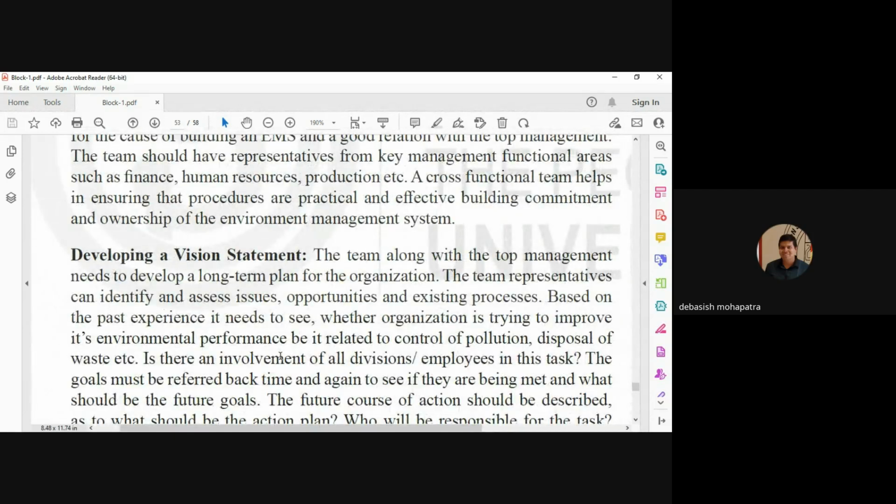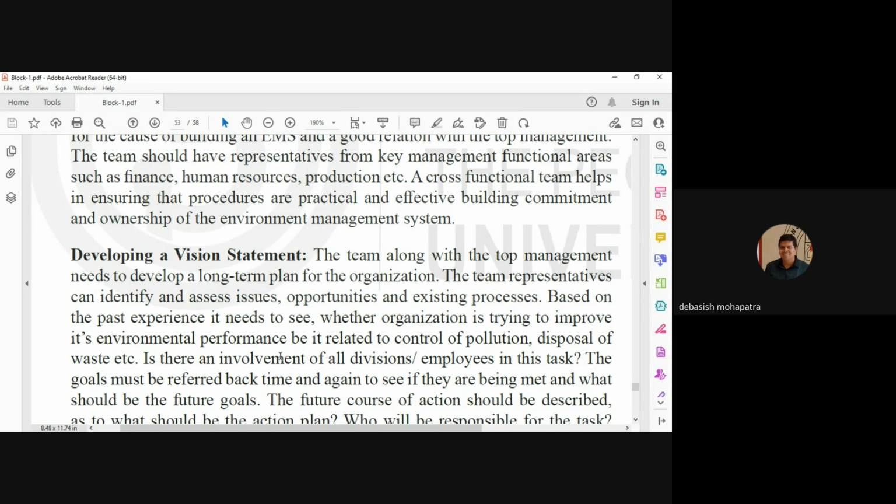Then developing a vision statement. The team along with the top management needs to develop long-term plans for the organization. The team can identify and assess issues, opportunities and existing processes. Based on past experiences, it needs to be seen whether the organization is trying to improve its environmental performance, be it related to control of pollution, disposal of waste, etc. Is there any involvement of all divisions' employees in this task?